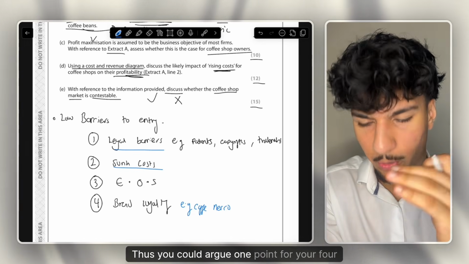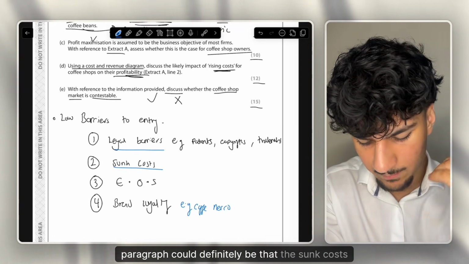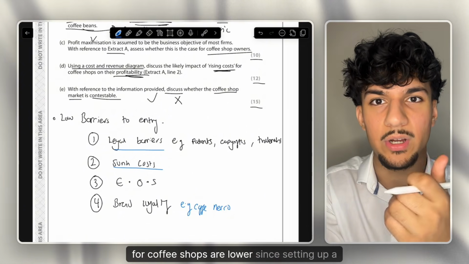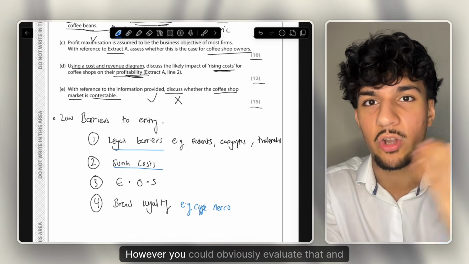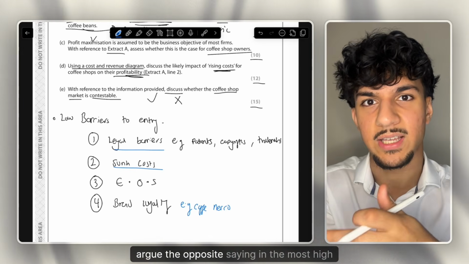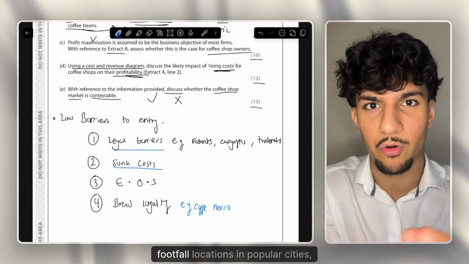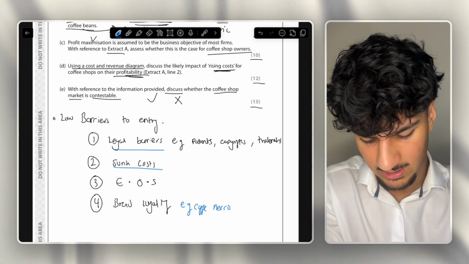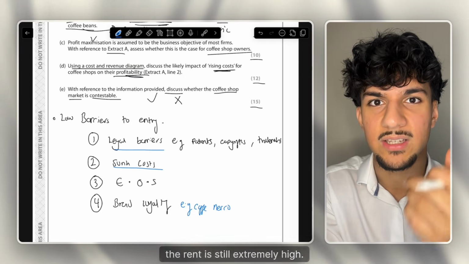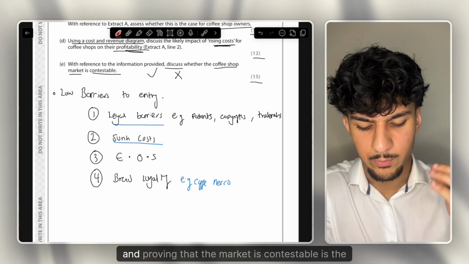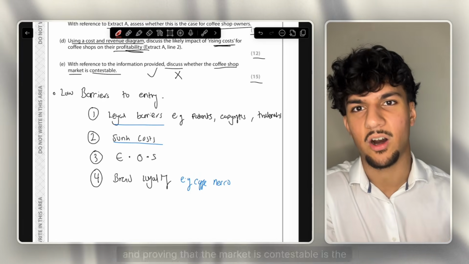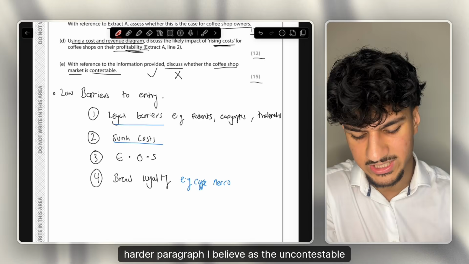Thus, one point for your for paragraph could definitely be that the sunk costs for coffee shops are lower, since setting up a physical shop is much cheaper. However, you could obviously evaluate that and argue the opposite, saying that in the most high footfall locations in popular cities, rent is still extremely high, thus meaning that the sunk cost of a firm joining the market is still very high.